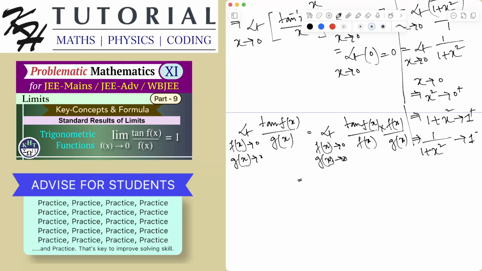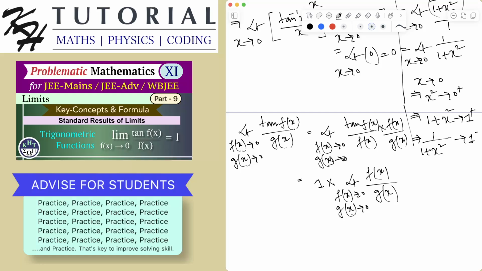The limiting value of tan f(x) by f(x) when f(x) tending to 0 is 1. So this becomes 1 multiplied by the limit of f(x) by g(x). It will be of the form 0 by 0, and probably you can find this limit using L'Hopital's rule.